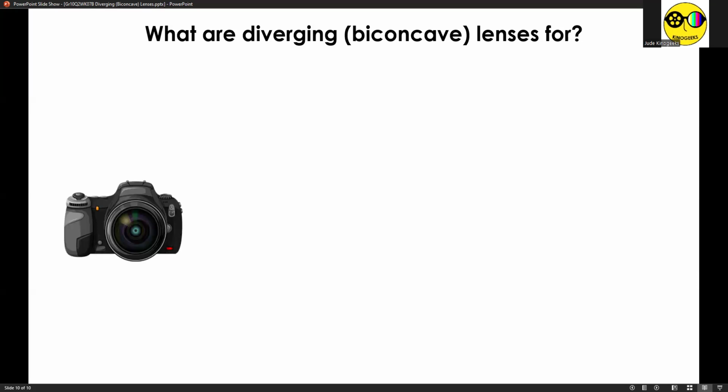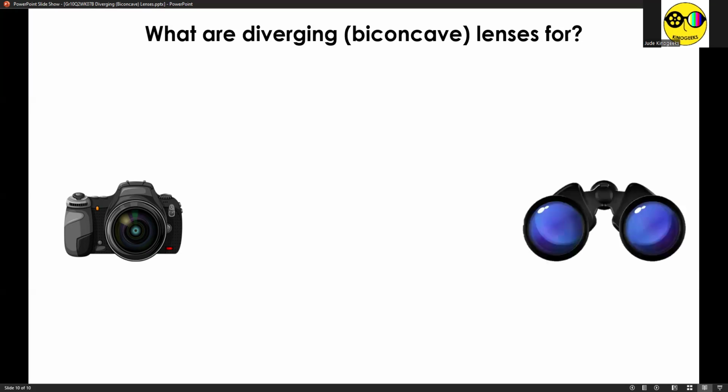No? So, where are divergent lenses used? So, first we have our cameras. Then we have our binoculars. We use cameras for taking pictures. We use binoculars so we can see objects that are far away from us.